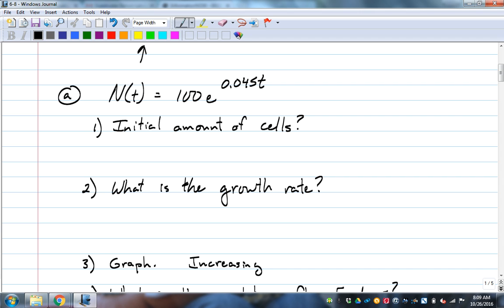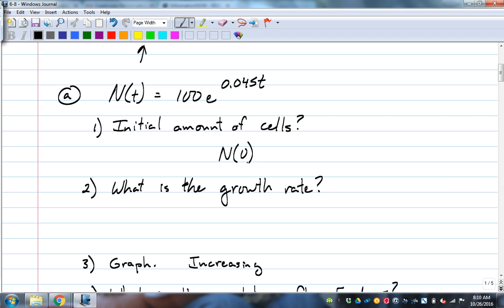Why is this growth? Positive k value there, that kt there. So we know it's a growth. The initial amount of cells, can we look at it and tell that? 100. Yeah, it's like the principal investment in the PERT formula. So it should be 100.